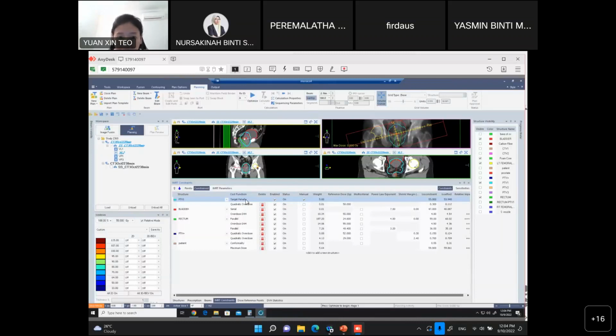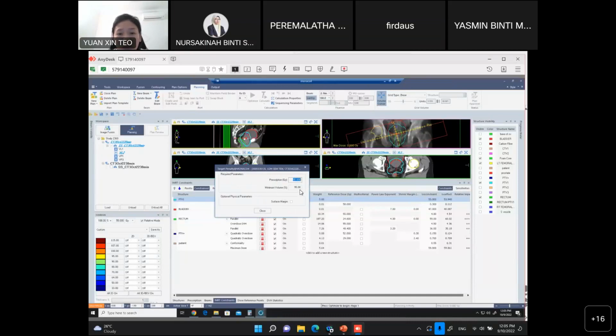Okay, so for example, this one. I will need to tell the computer the required parameters for this PTV1, 55 gray, and then I also need to tell the computer I need a minimum volume of 95%.